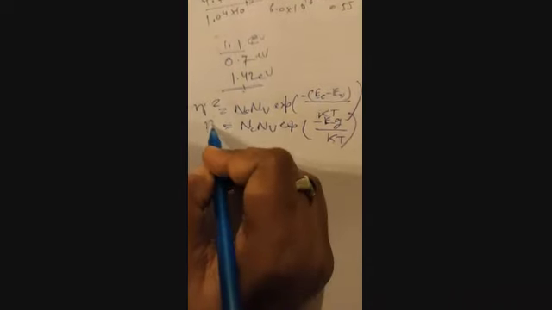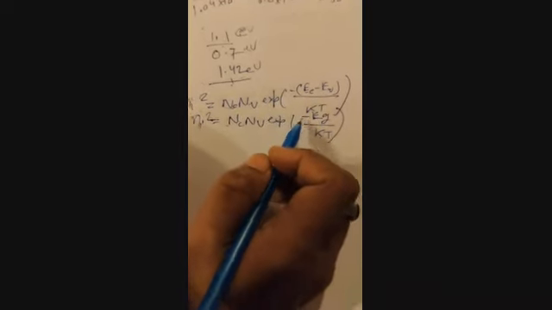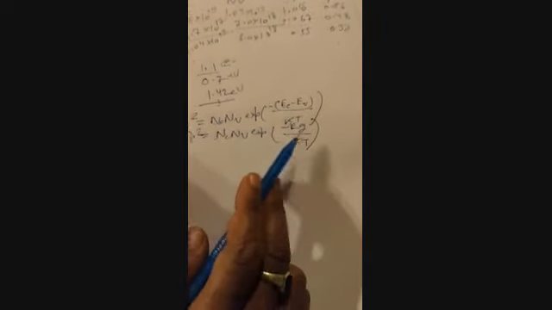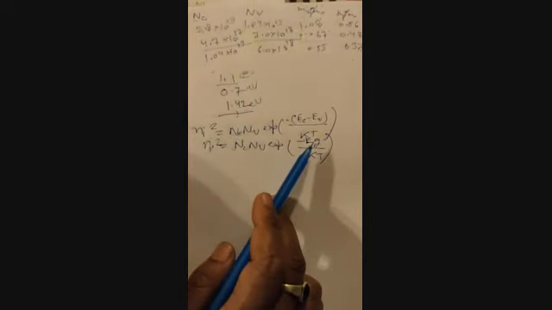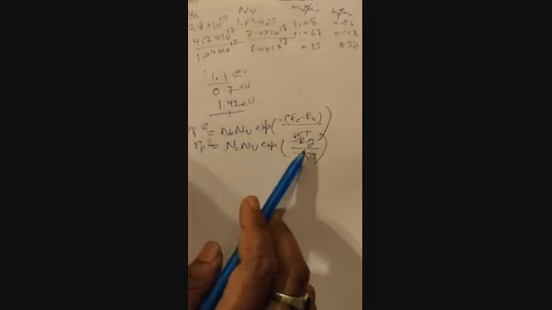Now ni is directly proportional to the square root of exponential of minus EG upon kT. So if the EG value is more, ni is inversely proportional to that.